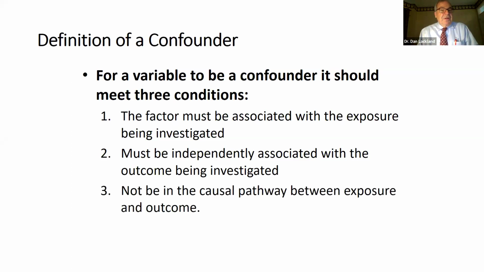And third, it must not be in the causal pathway between the exposure and the outcome. As you look at a particular situation, you can see how this would change, because the outcomes are different for different studies, and the factors are different.